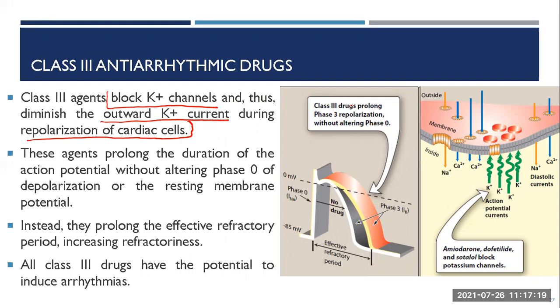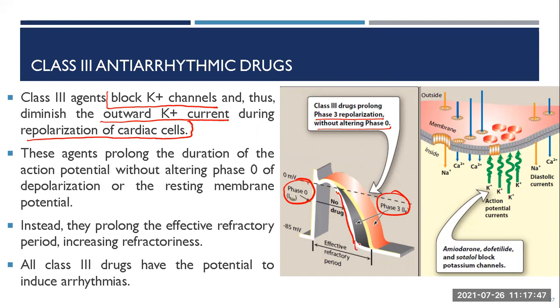The class 3 drugs prolong phase 3 repolarization without altering phase 0. So there is no effect on phase 0, as phase 0 depends on the sodium channels, but instead it affects phase 3. Okay, so when there is no drug, you can see how phase 3 happens.